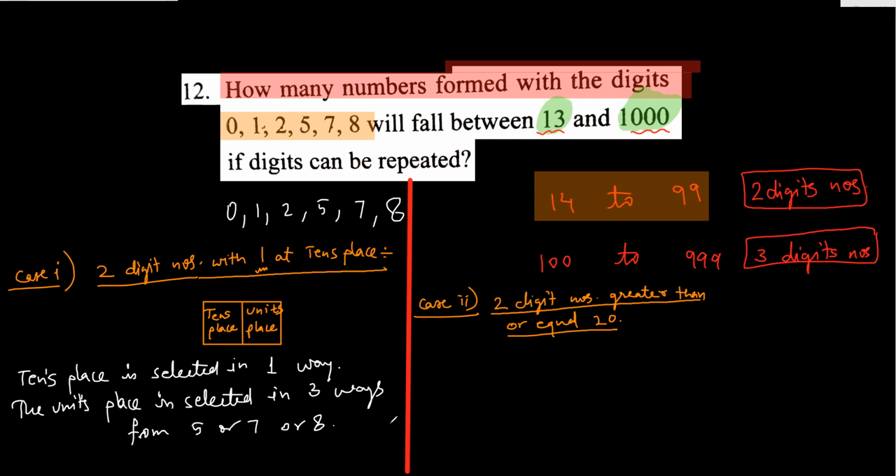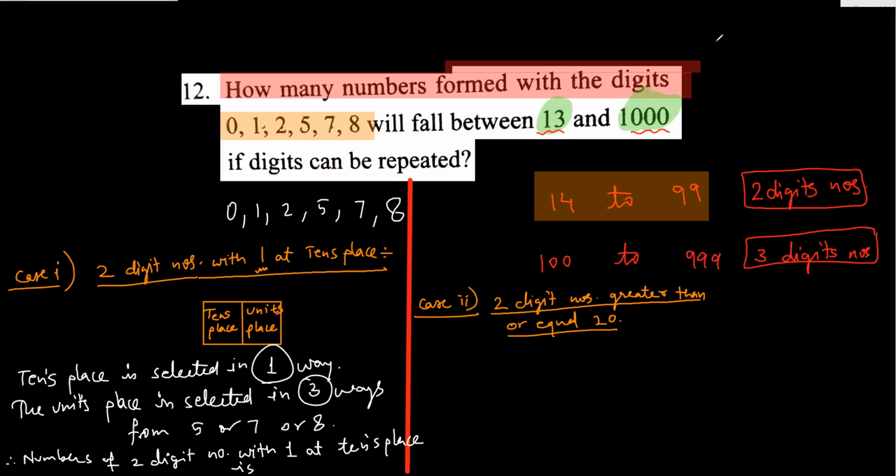Yes. So therefore the number of two-digit numbers with 1 at tens place is, see, one way into three ways, that is 3. So you got 3 here.